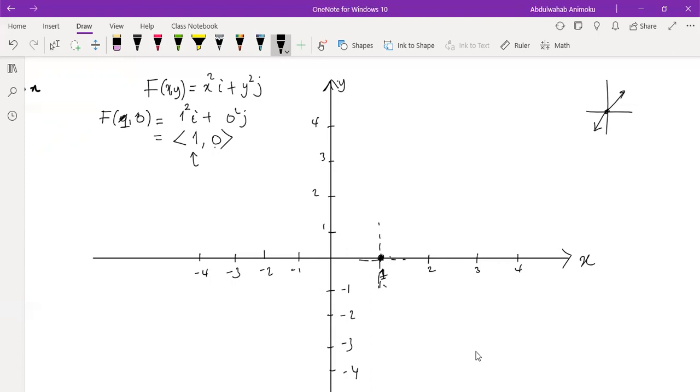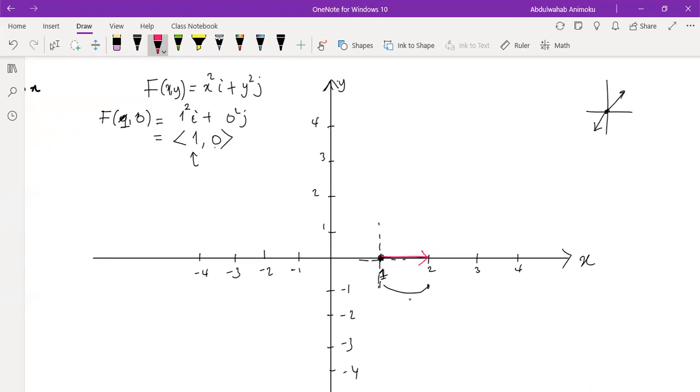Then in the X direction, we move 1 unit, and in the Y direction, we move 0 units. So it will just be the vector along this with 1 unit in the X direction and 0 units in the Y direction. I think that makes sense.